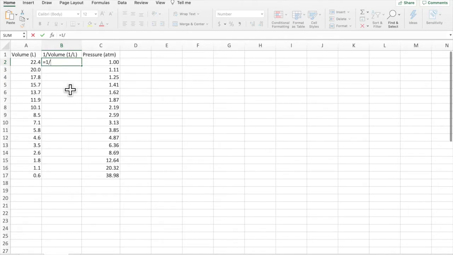So I'm going to click on that cell. So 1 divided by A2, the value of the cell in A2, is going to equal something that's pretty close to 0, because 1 divided by 22 is going to be small.